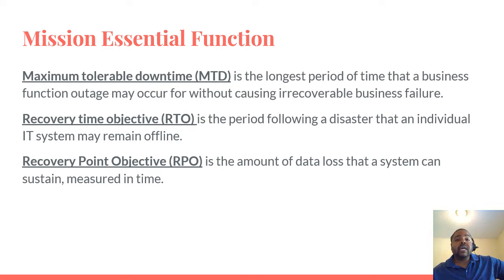The recovery time objective is the period that a disaster or an individual system can remain offline. And the recovery point objective is the amount of data that can be sustained until you need to actually recover that data. So you want to point that recovery data point back to the time where you actually went offline.